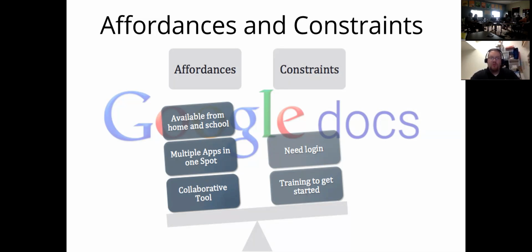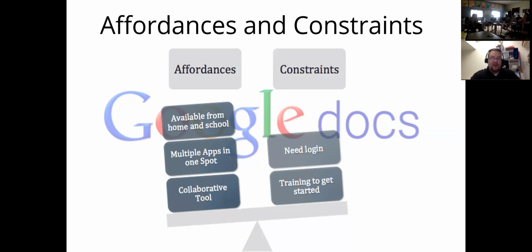You have multiple tools in one spot, multiple apps. You have your Sheets, your Drive. And they really valued it as a collaboration tool. And again, going back to what the learning looks like, if that's your affordance and that's your objective, then it's a really good tool. If you wanted people to work individually, having a collaborative tool as an affordance really doesn't mean anything. So it's a way to evaluate that piece.